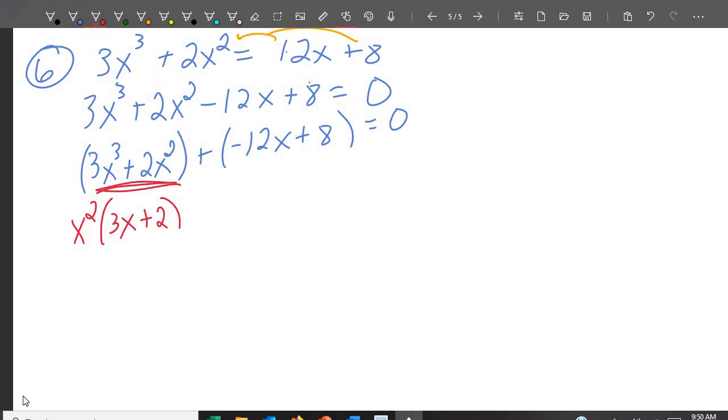The 12 and the 8 have a 4 in common, so we're going to factor out a negative 4 because that's negative. So we're going to be a negative 4, and we're left with positive 3x minus 2.